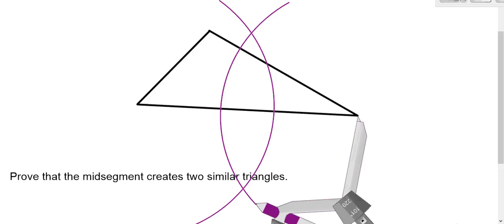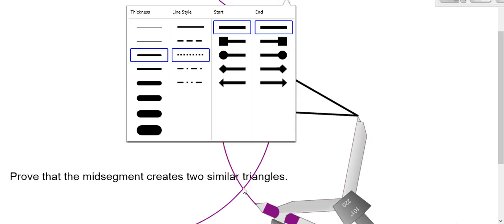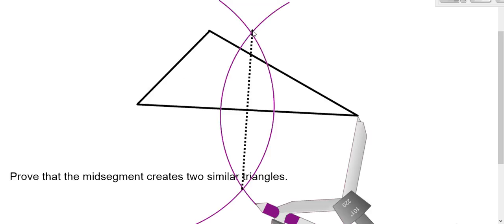So now if you connect those two intersections, those two X's, you find the midpoint there. We don't really need any of those markings left over. We just need that midpoint.